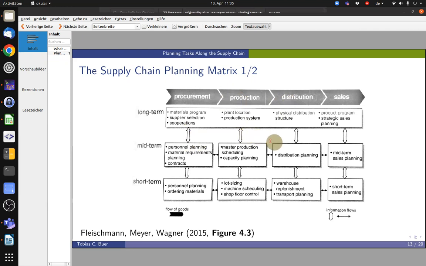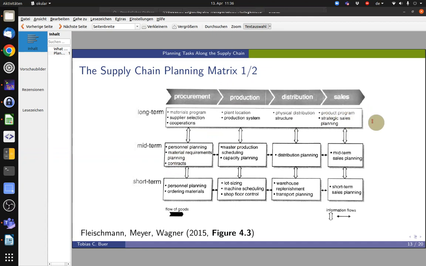So you can improve the planning quality by exchanging more information, for example, not only between midterm procurement and midterm production modules, but also between midterm procurement and midterm sales modules, or midterm procurement information and long-term sales information.